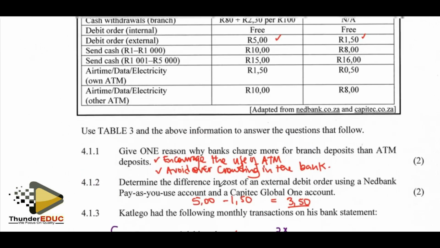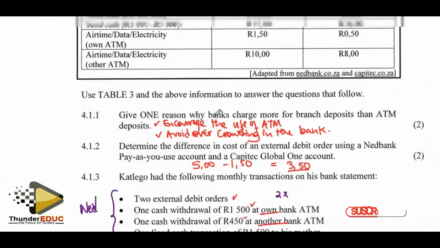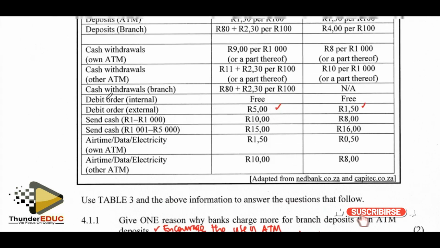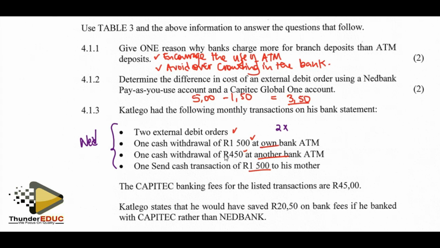If it's Nedbank and you're doing 2 external debit orders, what will you do? It will be 2 times. You come here, debit orders, external. This is Nedbank. So external, 2 times 5 gives you 10 rand.